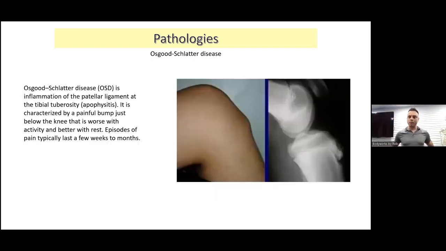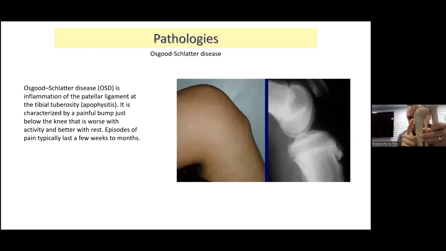Osgood-Schlatter disease. So if you look at that picture, what's called the tibial tuberosity is overdeveloped. This could happen because you're up and down on your knees a lot, or it just grows excessively regardless, or whatever, right? Which leads to the excessive development of the tibial tuberosity, which if you look at my bones, is this bump right here.